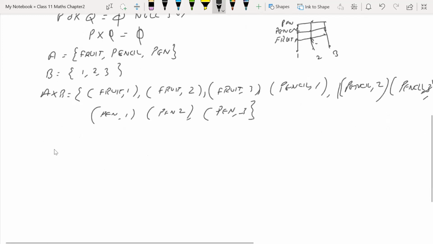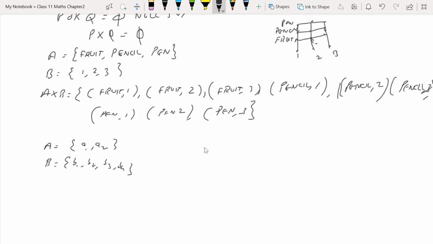If we have two sets such that set A is equal to {A1, A2}, and another set B is {B1, B2, B3, B4}, then how can we sort this out? Let's use a pictorial diagram.